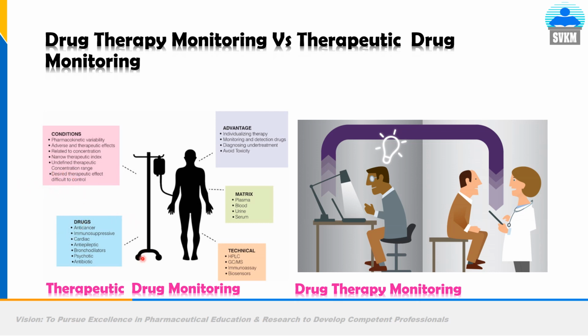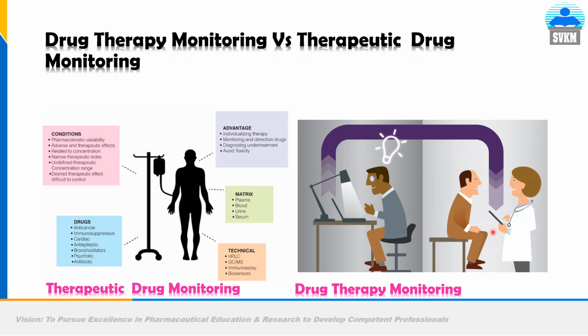We will also assess the patient for the drugs the patient has taken, like anti-cancer, immunosuppressive, cardiac drugs, anti-epileptics, bronchodilators, psychotics, and antibiotics. Then in therapeutic drug monitoring, we check certain kinds of matrices like plasma, blood, urine, and serum, with the help of technical instrumentation like HPLC, GC-MS, immunoassays, and biosensors. So this is the activity that we perform in therapeutic drug monitoring.